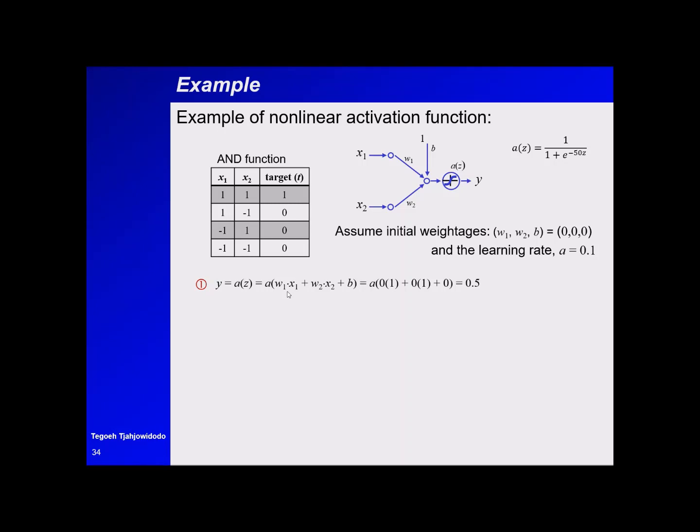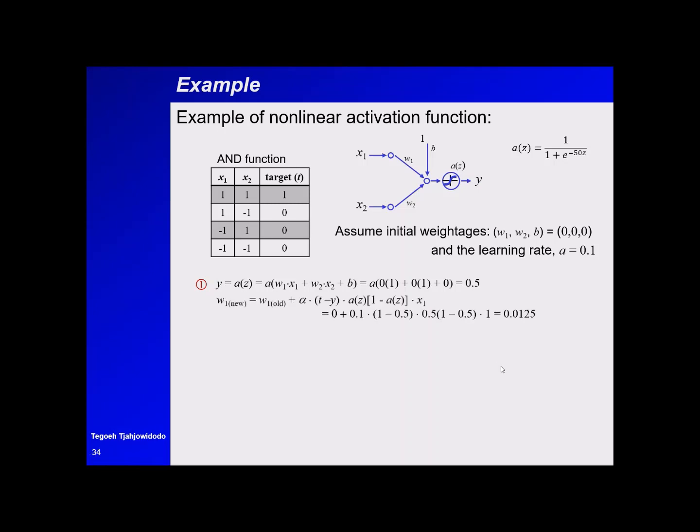So I just calculate y. For the time being w1 is 0, w2 is 0, b is 0, and the inputs x1 and x2 are 1 and 1. So I will get 0 when I calculate this activation function for z equal to 0, then I will get 0.5. So 0.5 is the output now.